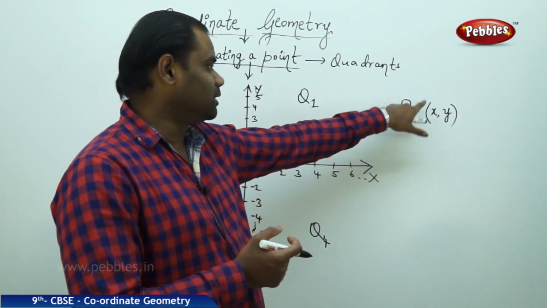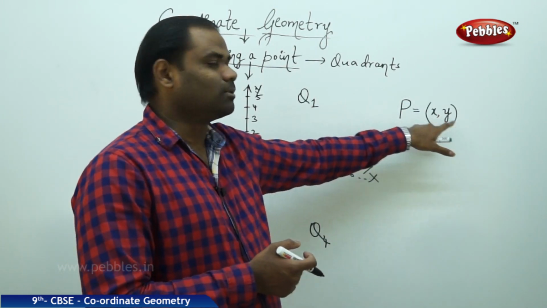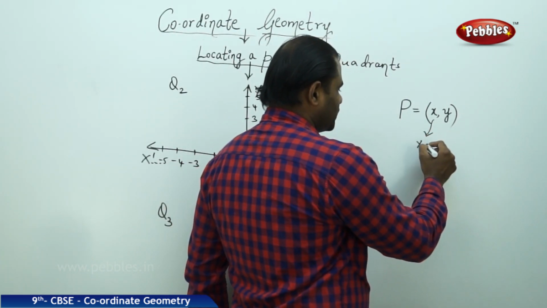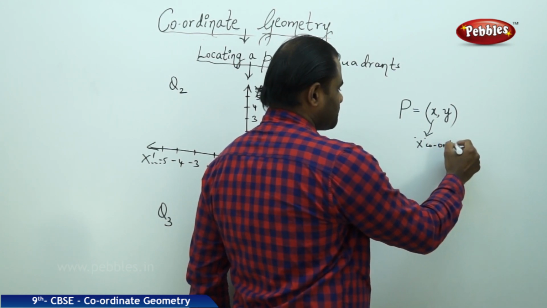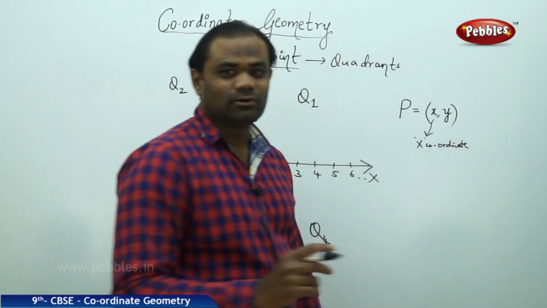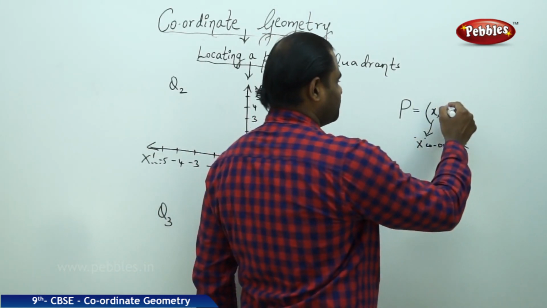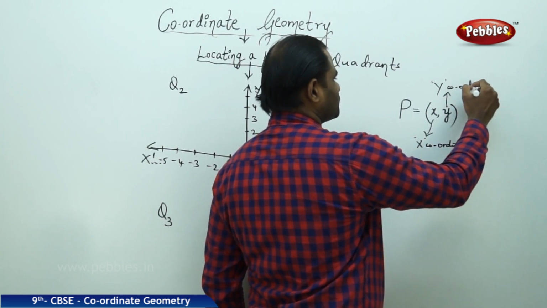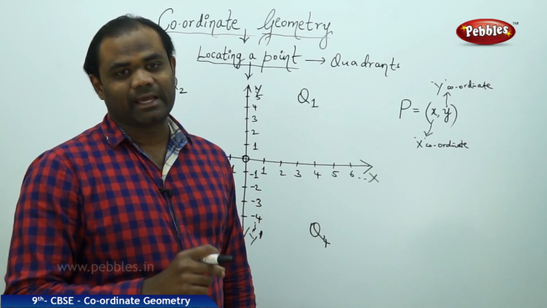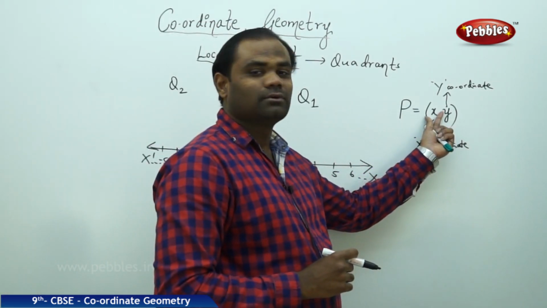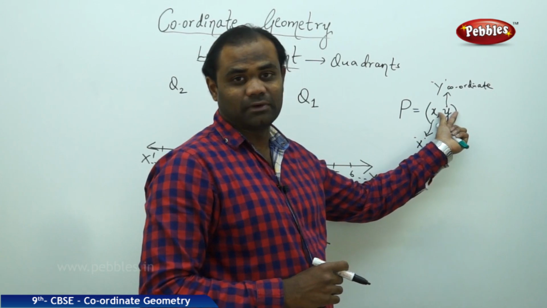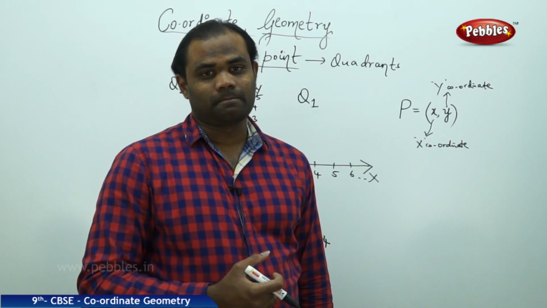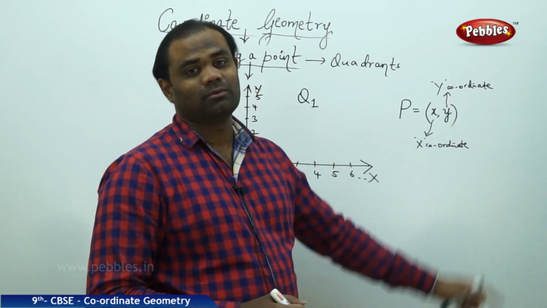When I take the point P, generally I denote it with open brackets x, y, where x refers to the first value or the x coordinate, that is a value on the x-axis, and y refers to the y coordinate or the value on the y-axis. So here I have the value which lies on the x-axis, and here I have the value which lies on the y-axis. This is how the rule is applied for the point, generally denoted by x, y.